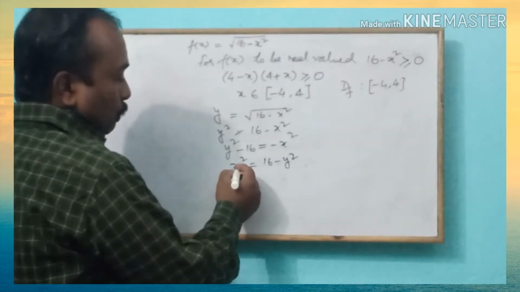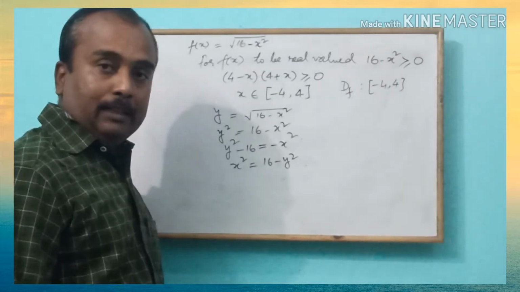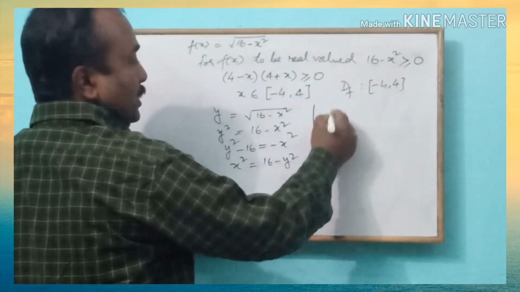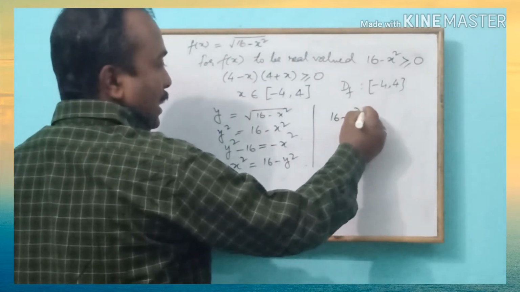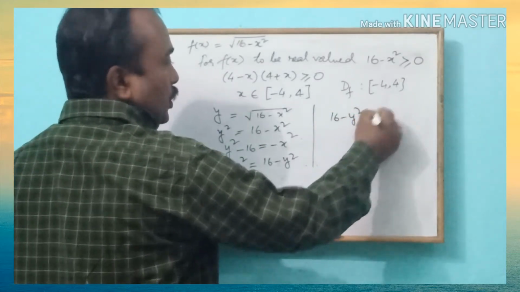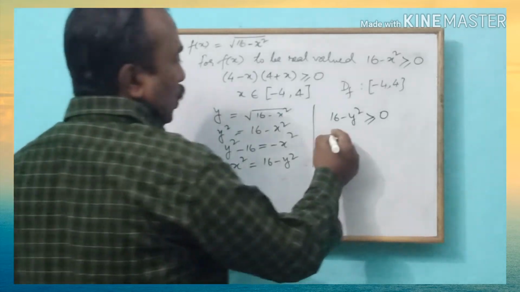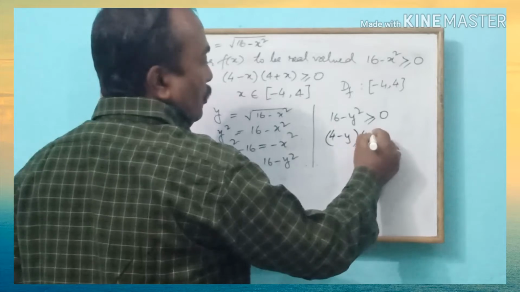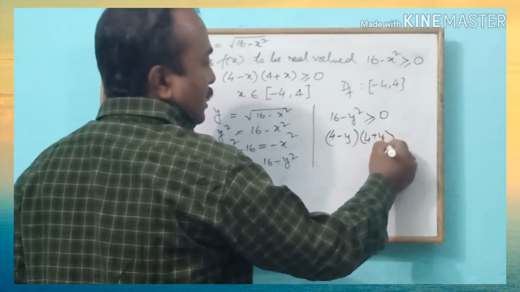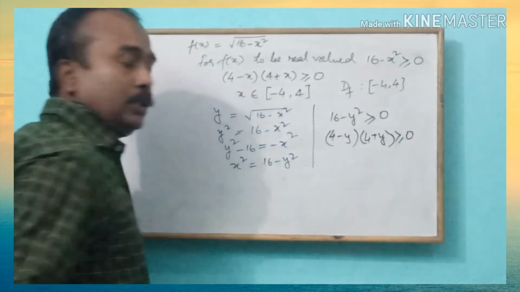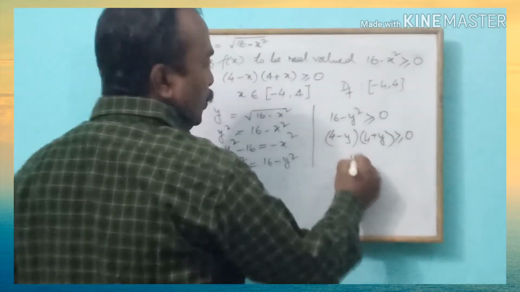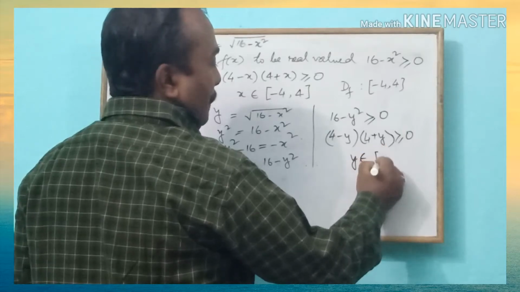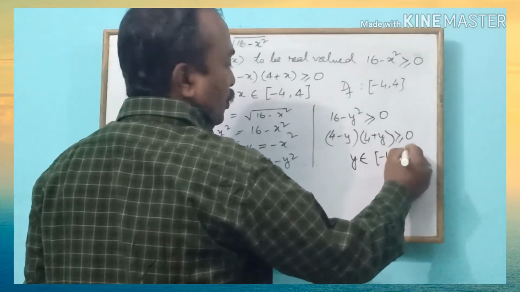Now we know that the square of any real number is always positive. So 16 minus y square is greater than or equal to 0, or 4 minus y, 4 plus y is greater than or equal to 0. So y belongs to, again, minus 4 to plus 4.